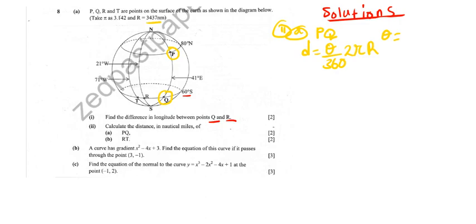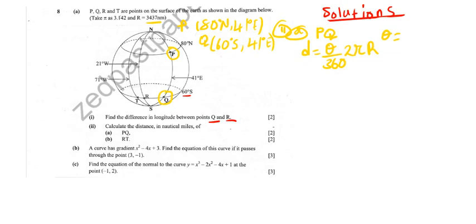So you first find the position of P. The position of P is 80 degrees north as the latitude and 41 degrees east. And then Q is given by 60 degrees south, comma, they are sharing the same longitude.